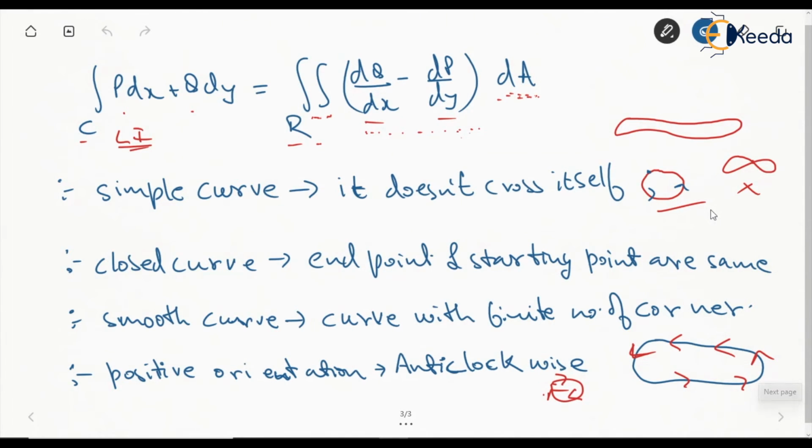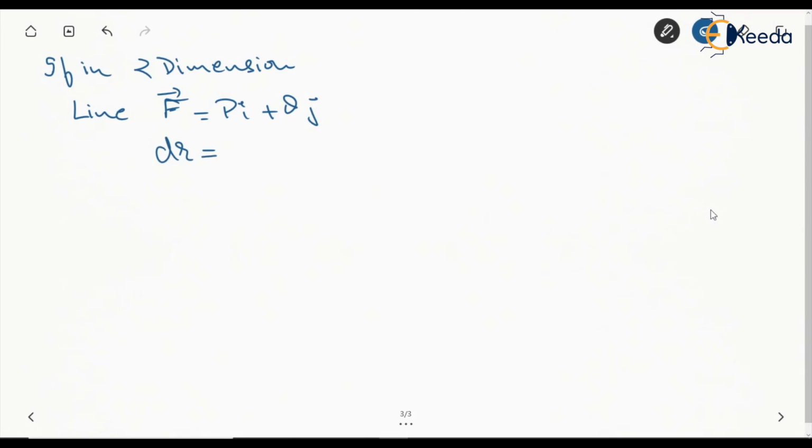Also, we may get to see one more thing. If we are in, let's say, 2 dimensions, then a field F in 2 dimensions can be written as Pi plus Qj, right? We also know that dr is given as dx i plus dy j.